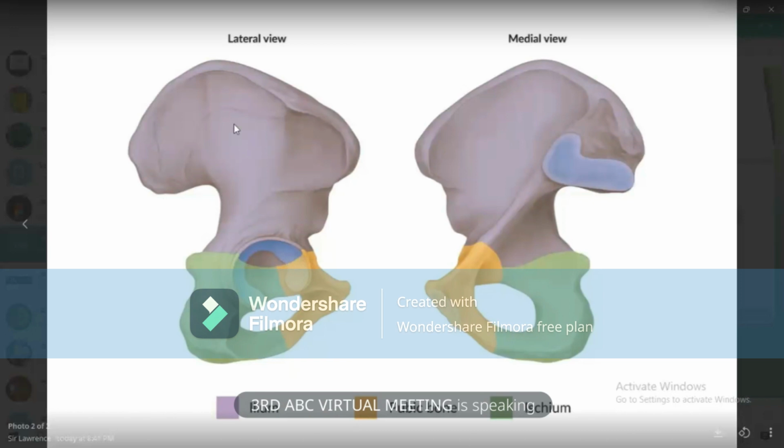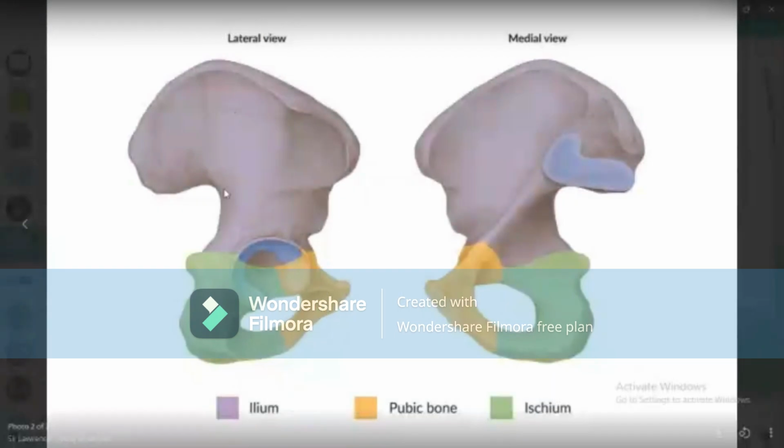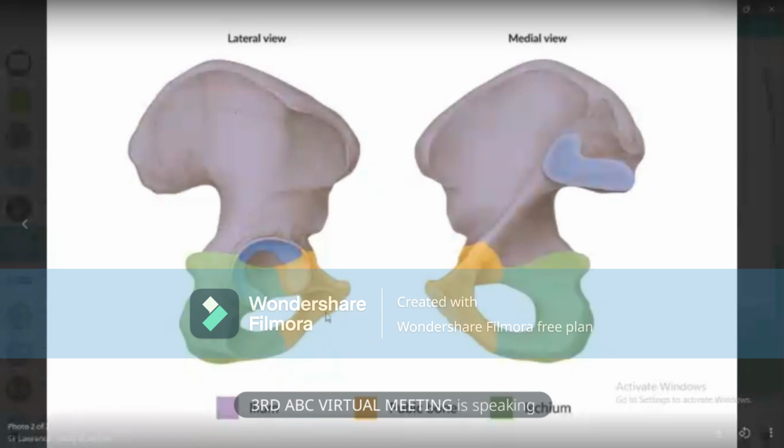Alright, so this one is called the ilium. Then you have this bone here called the ischium, and then you have this one called the pubis. Alright, so you have the ilium, the ischium, and the pubis.